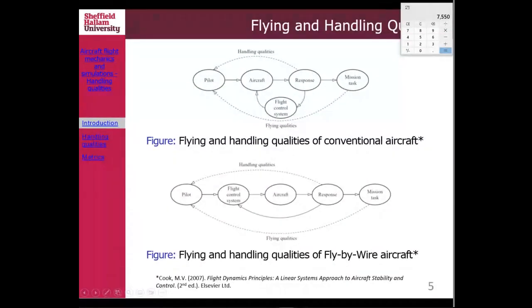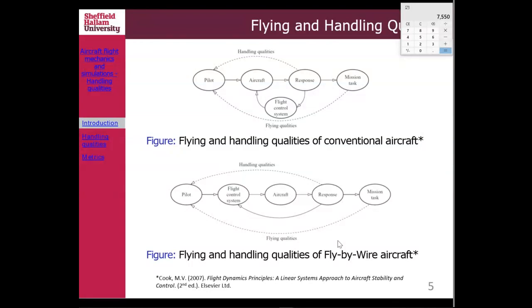Now, I took two diagrams from Mike Cook's book, Flight Dynamics Principles. The two qualities, as you can see, are very much independent, but in practice are probably inseparable. That's why people sometimes use them interchangeably. Now, flying qualities may be regarded as being task related, whereas handling qualities may be regarded as being response related.